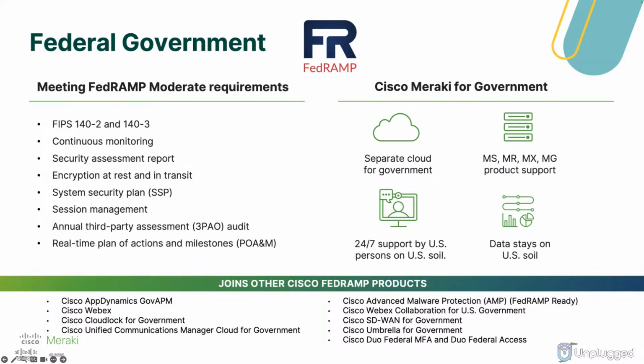Today we support our switching, our wireless, our security and SD-WAN, and our cellular gateways, which is our MG product line. Soon, we'll add the cameras and the Meraki MT sensors. Those are each running their own race to the Meraki for Government Cloud. The data and our clouds themselves are here only in the US. Can't send it anywhere else for FedRAMP requirements.